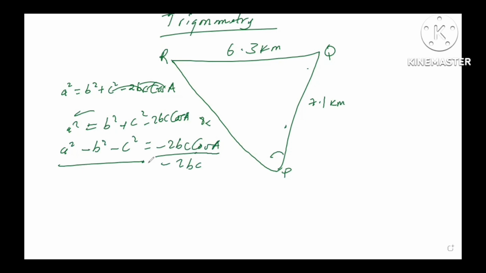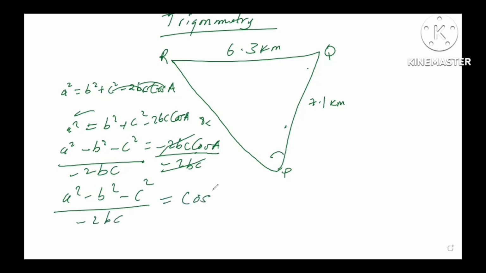All right. Yes. You can see that this one can cancel out with that one, right? Then here we are having negative 2 what? 2BC. So this one will be A squared minus B squared minus C squared over negative 2BC is equal to what? Cos A, right?